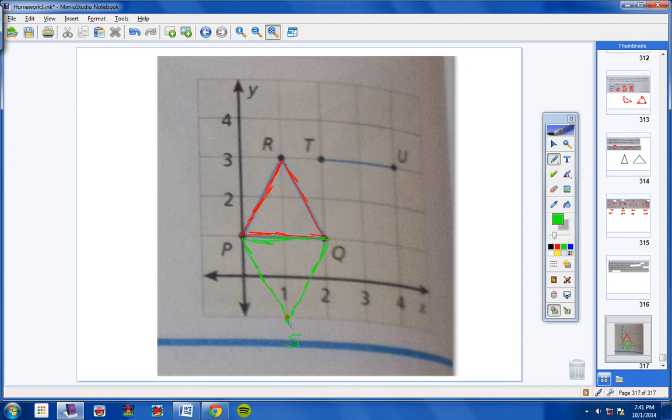Okay, so S would have to go right here, and that point would be 1, comma, negative 1.